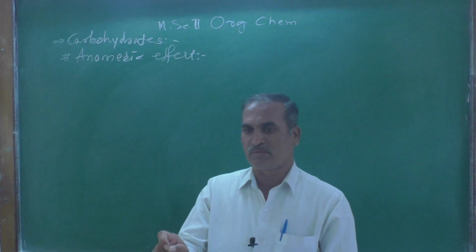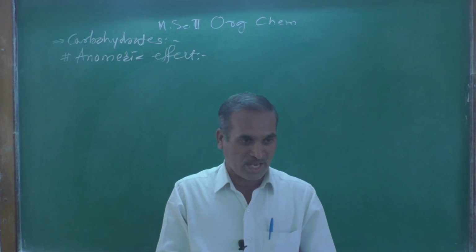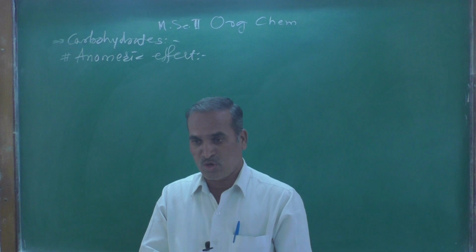The alpha form is nothing but a difference at the anomeric carbon atom. Anomeric carbon atom means what?